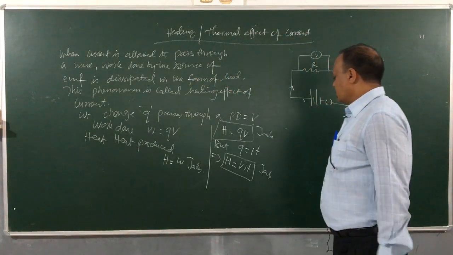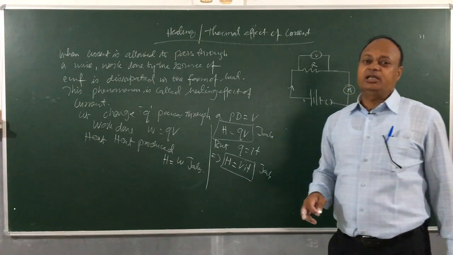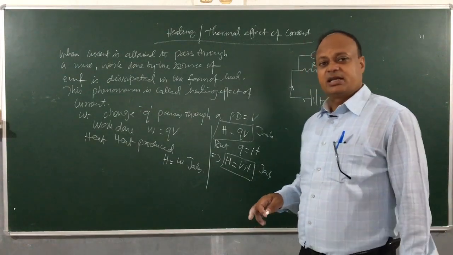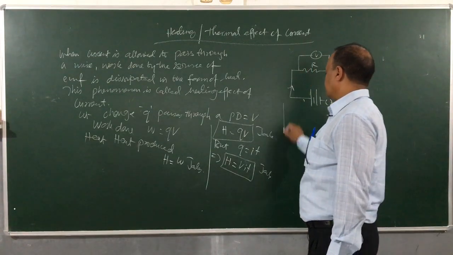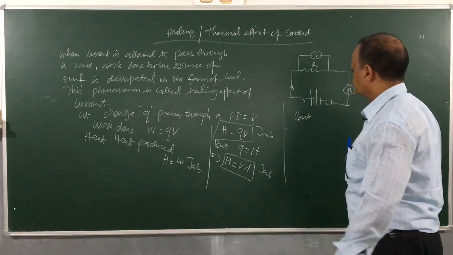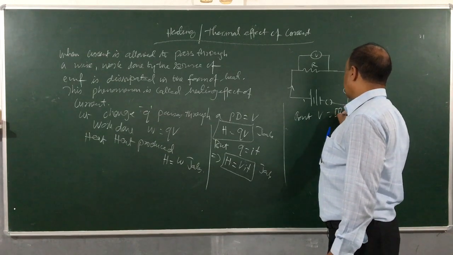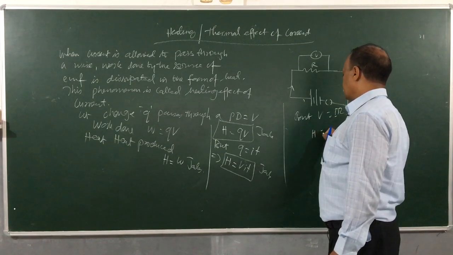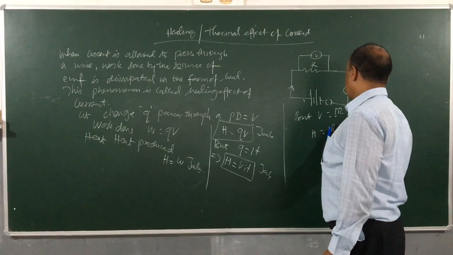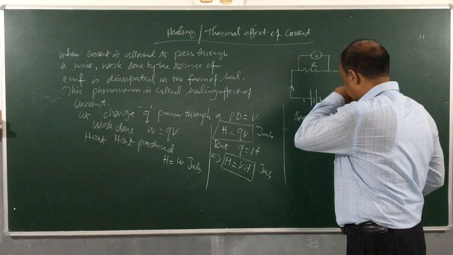Now, suppose potential difference is not given and we have been given only current and the resistance. So, here I will be doing, but V is equal to I into R. So, we get the next relation here, H is equal to IR into IT. So, H equals how much here?